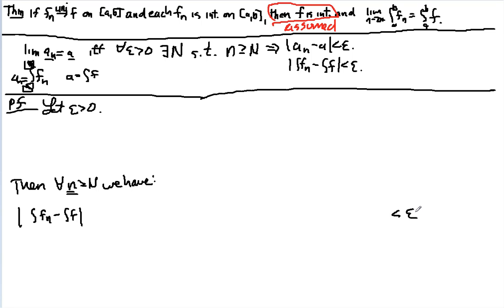That's the way these proofs about sequences of numbers always go. But first, I'm going to use uniform convergence to help me get the capital N.